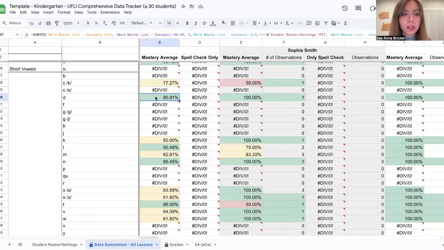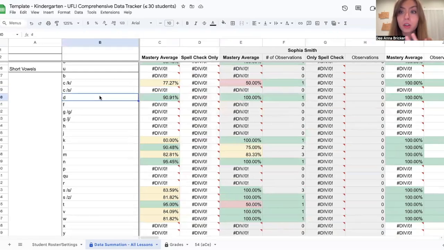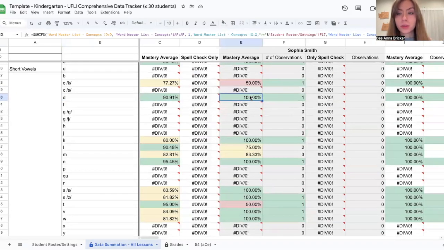It would not be legitimate to say the student spells D correctly 100% of the time. Well, that's a bad example. It would be in this case. Anyway, the point is we don't want to conflate those. We don't want to confuse them. We want to keep them separate. So when you're phrasing it, make sure you're phrasing it as words and not as this is the amount of times or the percentage that they're spelling these sounds right.